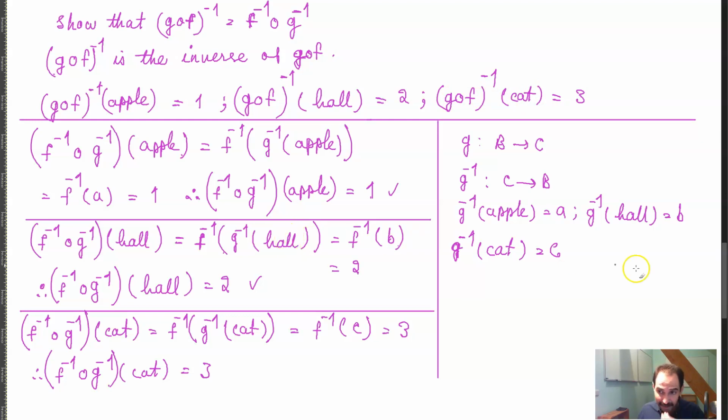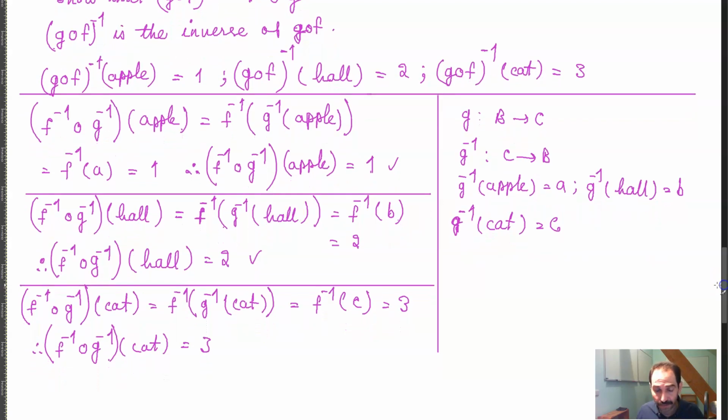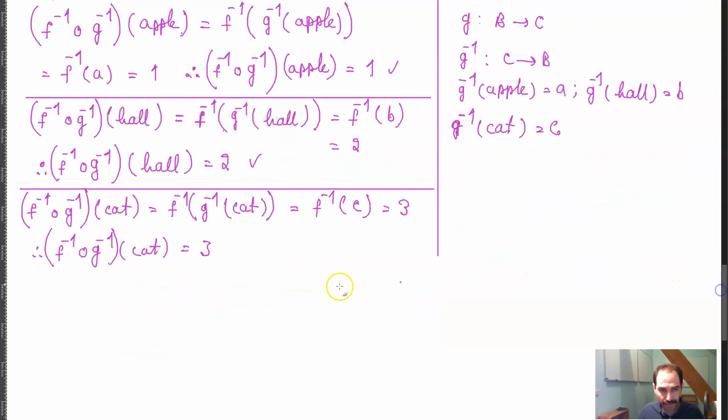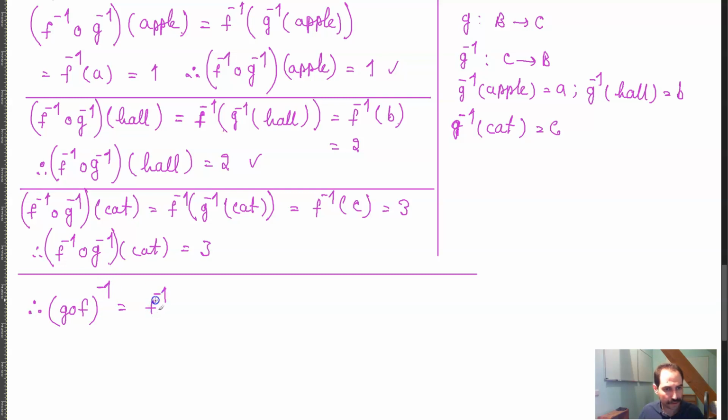So now based on this, of course this is no proof, but you can say that GOF whole inverse is the same thing as F inverse composed with G inverse. As you can see, basically you have to change the order of them.